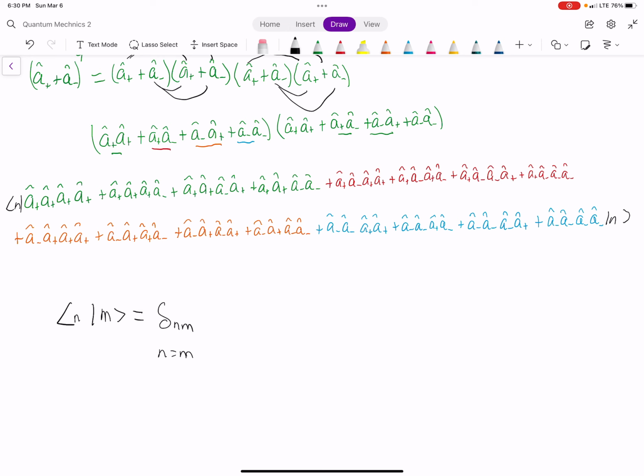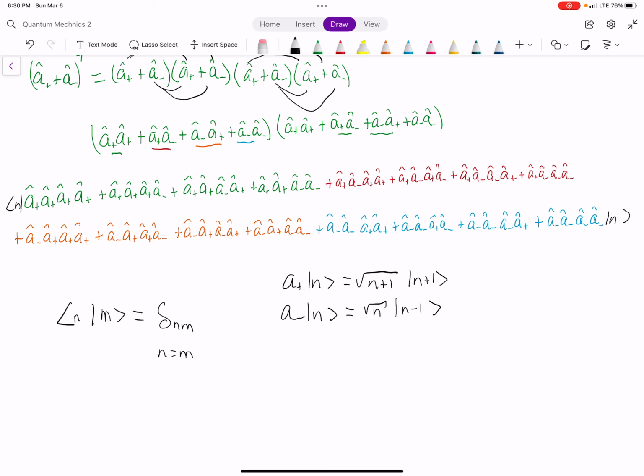And the reason I bring that up is because we have these operators operating on our wave function. The raising operator gives an eigenvalue of square root of n plus 1, and it raises our state. And the lowering operator gives an eigenvalue of square root of n, and an eigenstate of n minus 1.